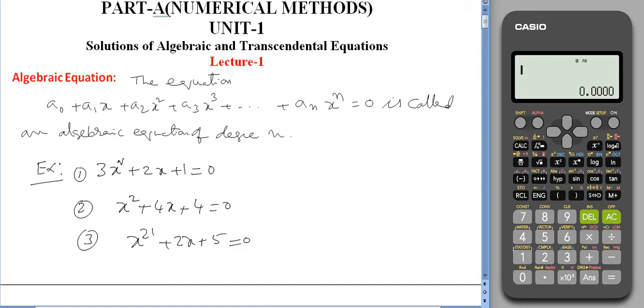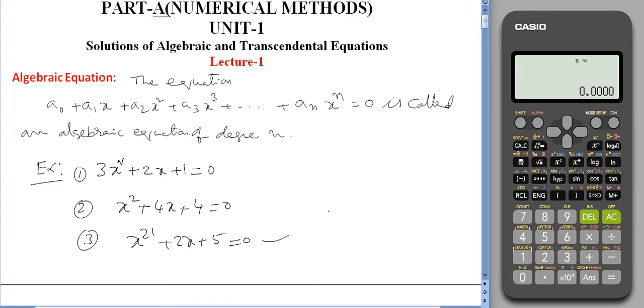If you observe the first two equations, the first equation is a quadratic equation, the second equation is also a quadratic equation. Very easily we can find the roots using the formula minus b plus or minus root b square minus 4ac over 2a. But for finding the roots of the third equation, it is very difficult to find analytically or geometrically.